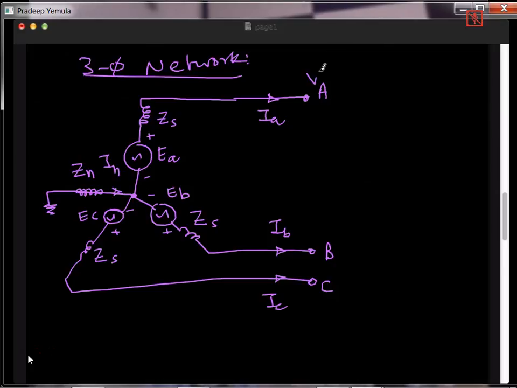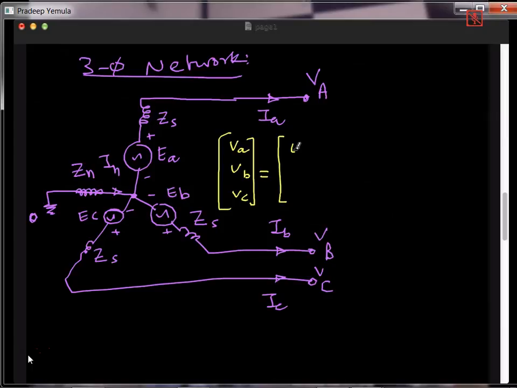Now, what are VA, VB and VC with reference to the ground? So this is the ground, and what is VA? Let me write it here: VA, VB, VC. So look at this. At 0, the drop here is IN into Zn, then EA is increasing, and then again there is another drop.